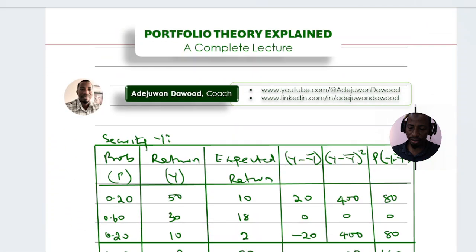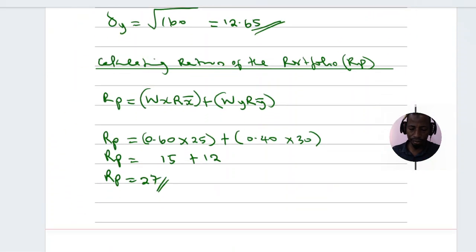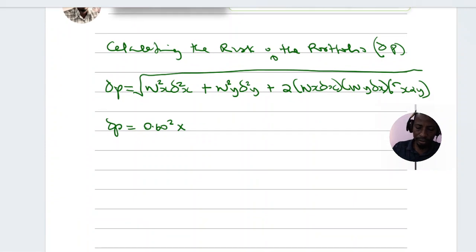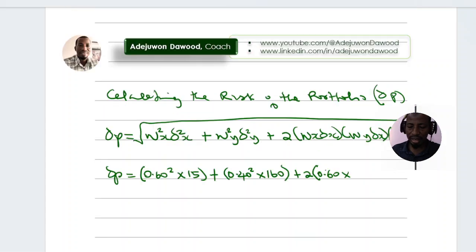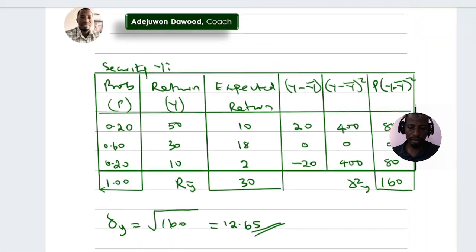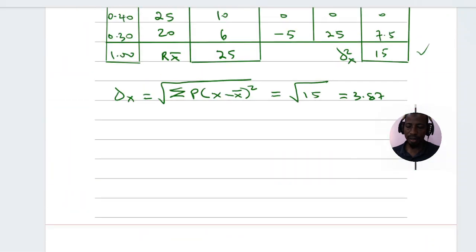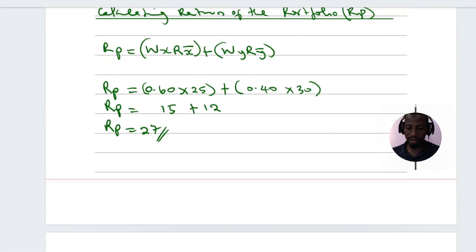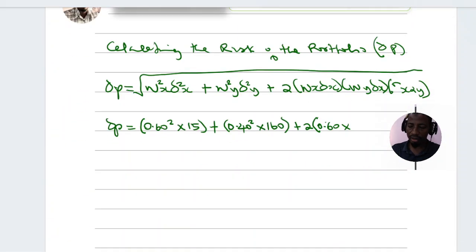Variance of security Y is 160. 15 plus we invested 40% on security Y, square it, multiply by 160, which is the variance of security Y, plus 2 into 60% invested on security X, multiplied by standard deviation of security X, which is 3.87. 3.87 is the standard deviation of security X.